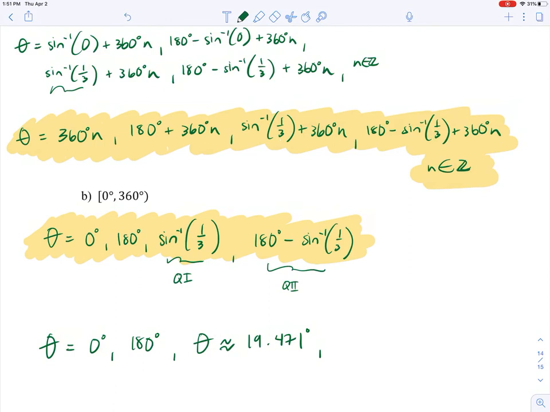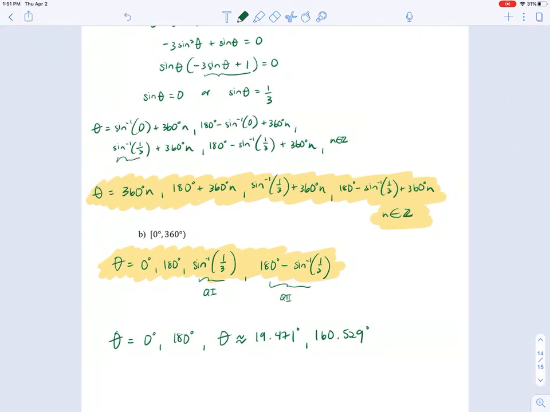And then 180 minus inverse sine of 1/3, I get 160.529 degrees approximately.